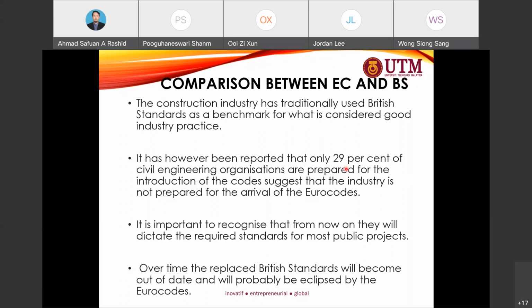I still remember when I was interviewed for my PE, professional engineer, in 2020. I had prepared the report based on EC7 for the retaining structure.